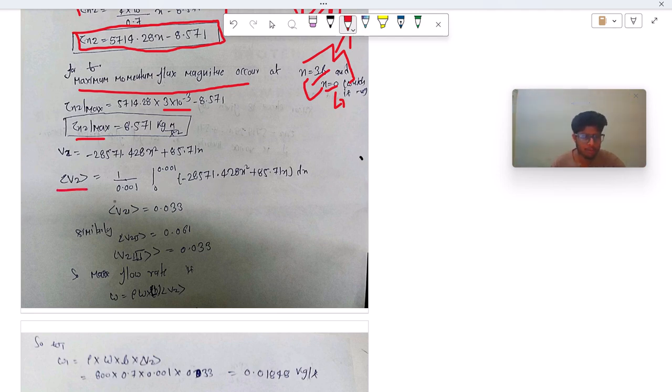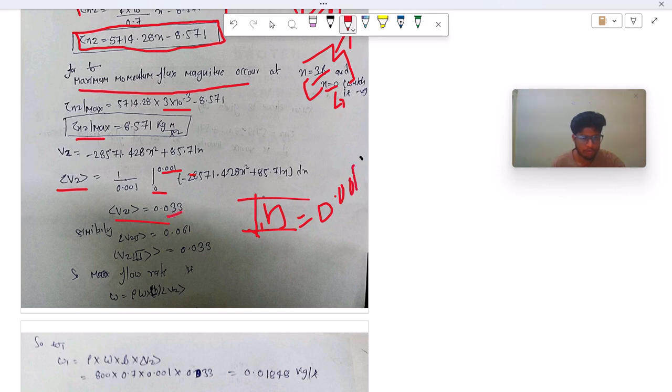So we get our average velocity for Vz1 as 0.033. We take our limit from 0 to 0.001, and this is fluid one. Fluid one only has a thickness of b equal to 0.001. So we get Vz1.